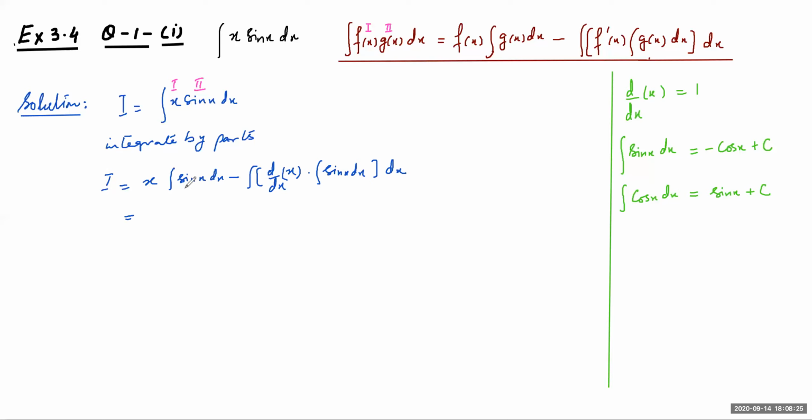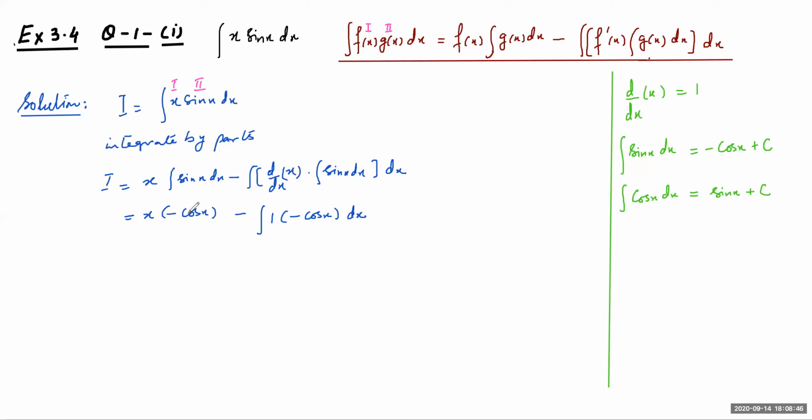Now let's write the results. x, integral of sin x dx, we have revised the result from here, and we get minus cos x, minus integral, d by dx of x is 1, and integral of sin x dx is minus cos x, and then comes this dx.